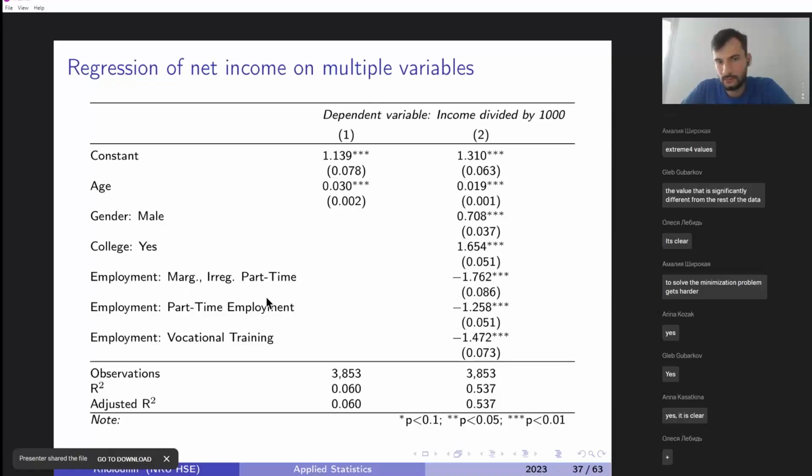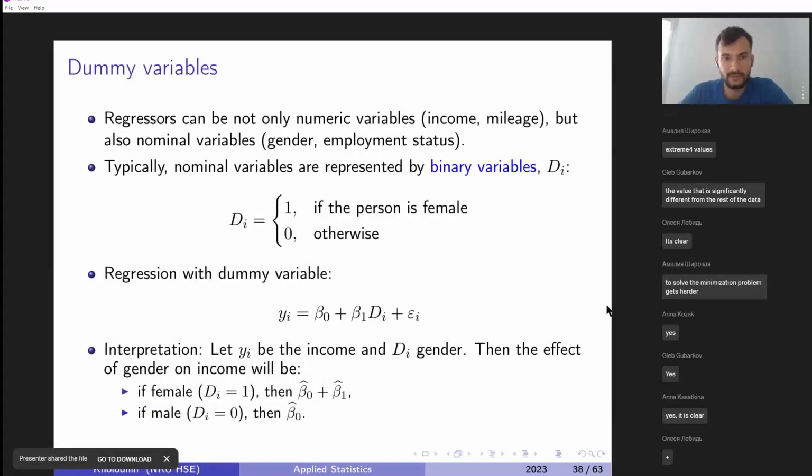And if you are partially employed, then probably you are maybe studying at the same time, so your income is lower than if you are not. Well, okay, and the stars describe some level of significance that we're going to discuss later, more precisely, probably in the econometrics course.